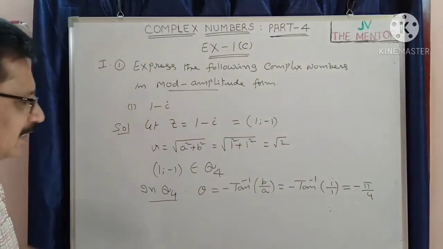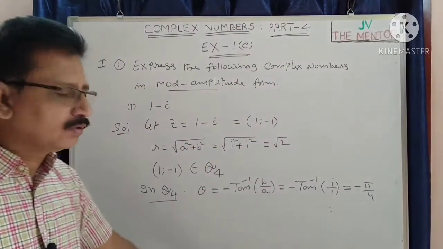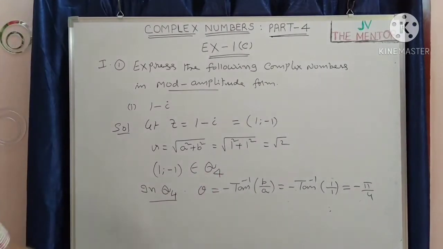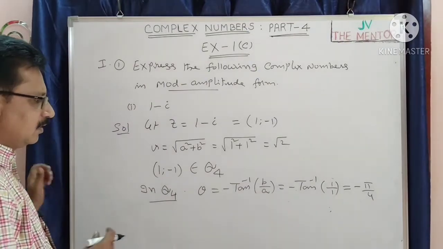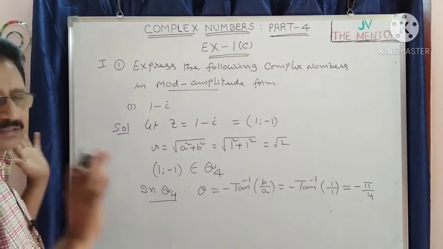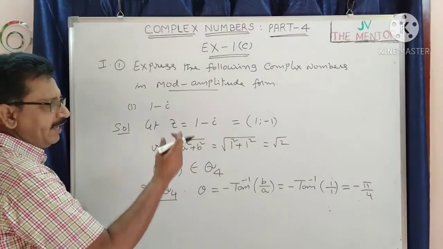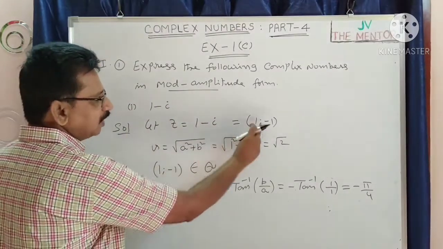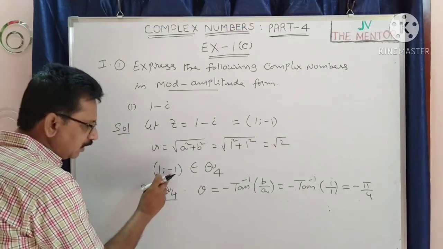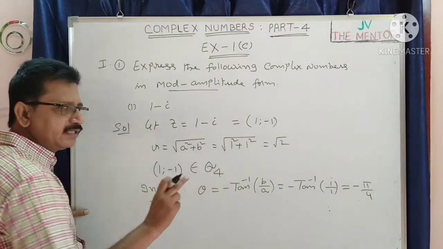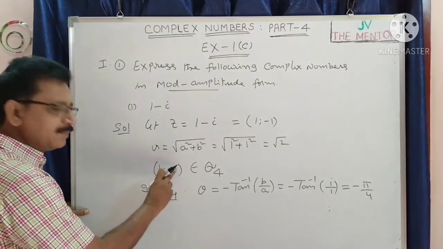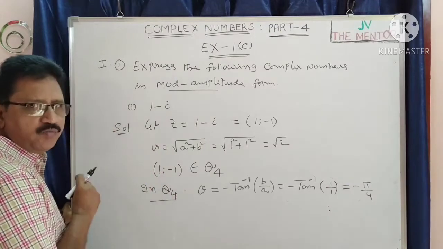Now this is the amplitude of the complex number. Theta is minus pi by 4. Once again, how to calculate theta? 1 minus I can be written in ordered pair form as 1 comma minus 1, which lies in the fourth quadrant.